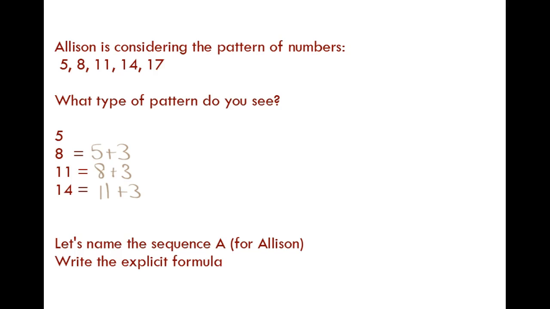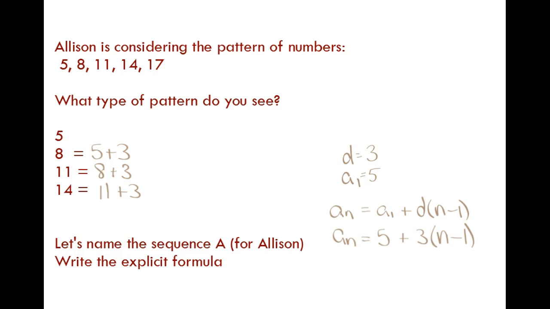If we remember what the explicit formula was, we said that there was a common difference here of 3, an initial value of 5. And we wrote out our explicit formula like this. And we filled in the things we knew. We knew that the first value, the initial value, was 5 plus common difference of 3, n minus 1.